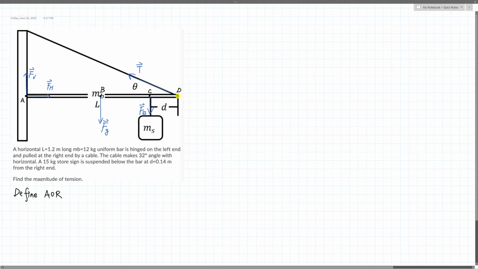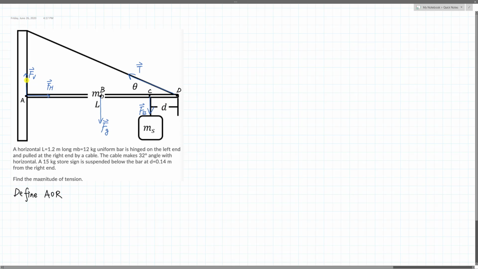So what if I choose D then? If I choose D, the horizontal hinge force has no torque. The tension, which is at an angle, has no torque. And these 2 forces have torques, but that's not too hard. The forces are known quantities. And this vertical force has torque, but it is perpendicular to this direction, so it's easy to calculate the lever arm.